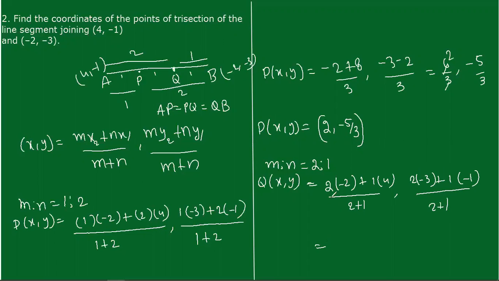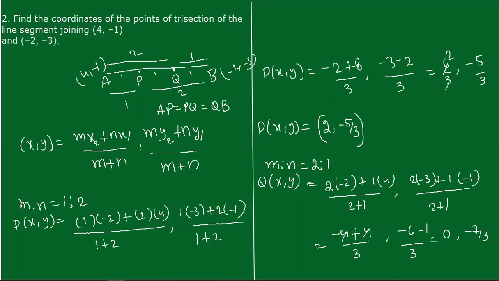That is 2 into -2 is -4, plus 1 times 4 is 4, by 2 plus 1 which is 3, and 2 times -3 is -6, plus 1 times -1, by 3. Here we can cancel -4 and 4, we get 0, and -6 and -1 is -7 by 3.